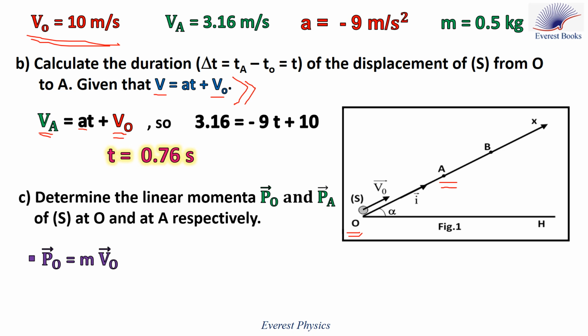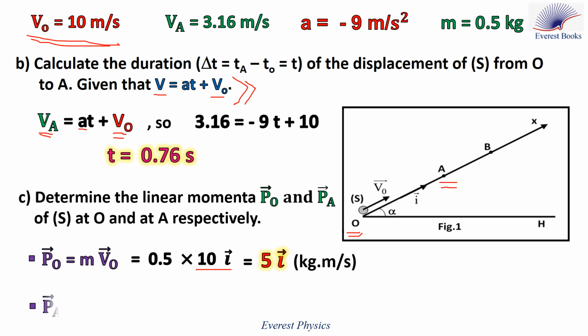But what is the velocity at point O? Look at the figure. S is moving along the positive x direction, then vO equals plus 10i. Therefore, pO equals 5i, and it is expressed in SI units in kilograms meters per second.